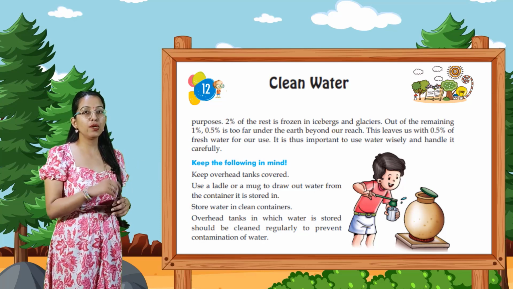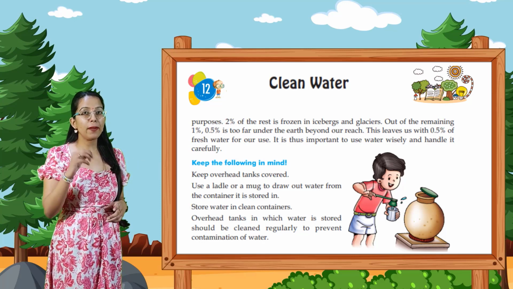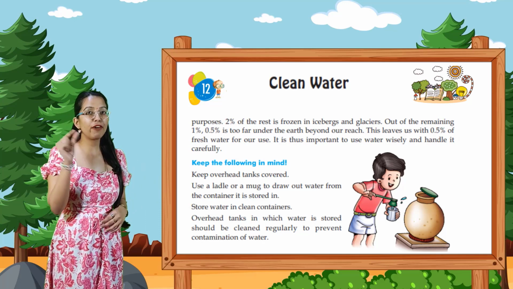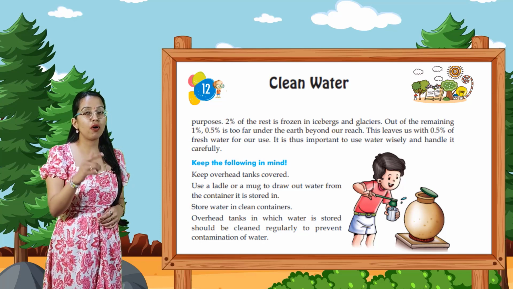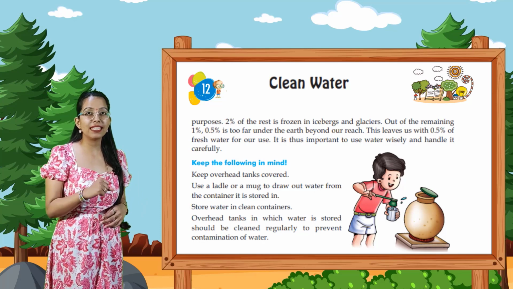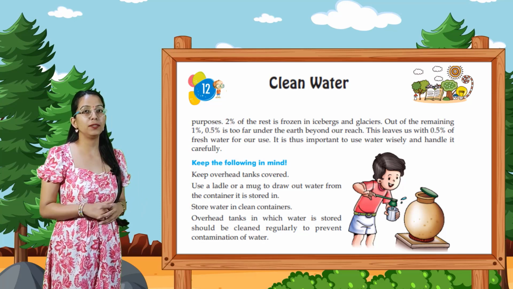Out of the remaining 1%, 0.5% is too far under the earth beyond our reach. This leaves us with 0.5% of fresh water for our use. It is thus important to use water wisely and handle it carefully.